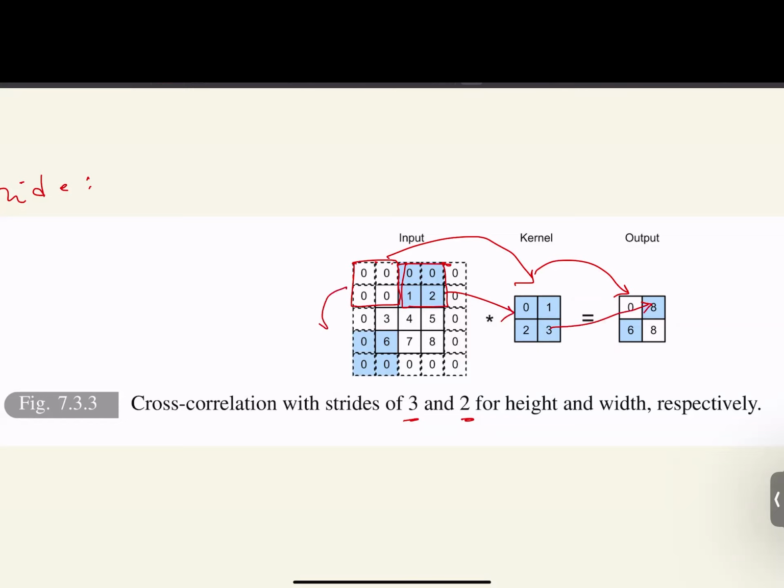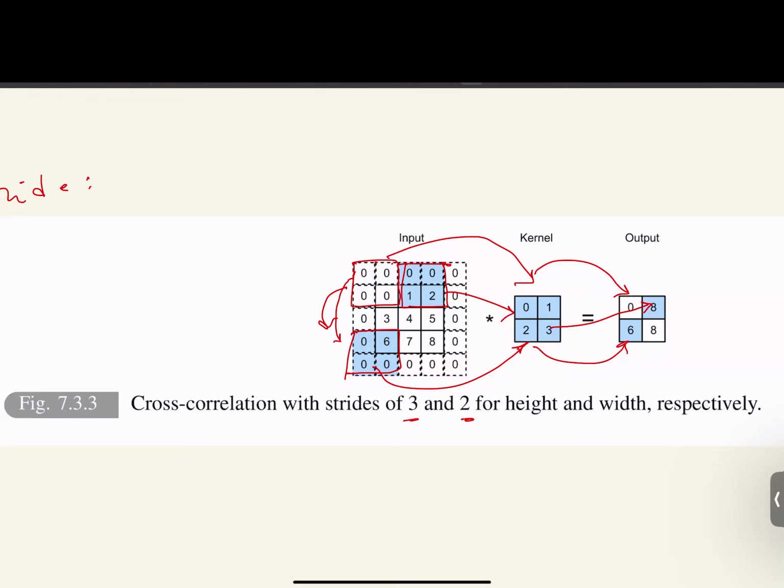For the height, we slide 3, and we get this, which multiplied by the kernel gives us 6. And of course, for the other component, if you do it, you will get 8.